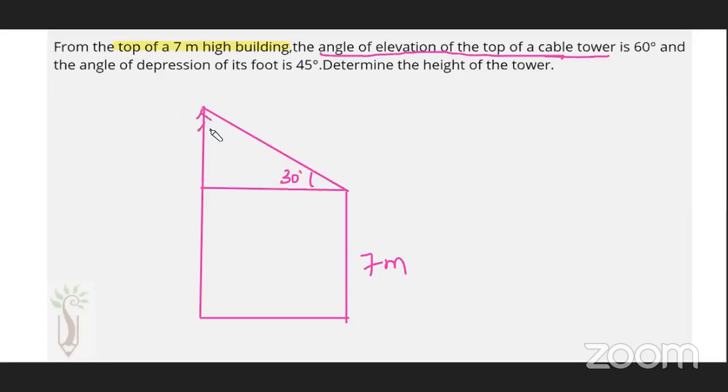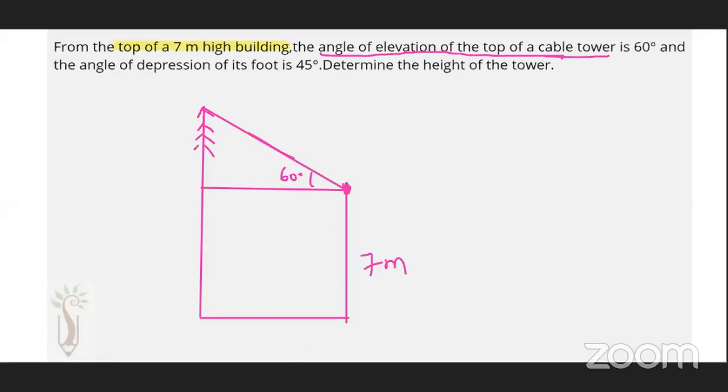Yes, ma'am. This is the 60. Sorry, 60 degree mistake. Thank you for the correction. Okay, 60. Now, the next part of the question. The person is still sitting on the top of the building. First he observes the top of the cable tower, which is the angle of elevation at 60 degrees.